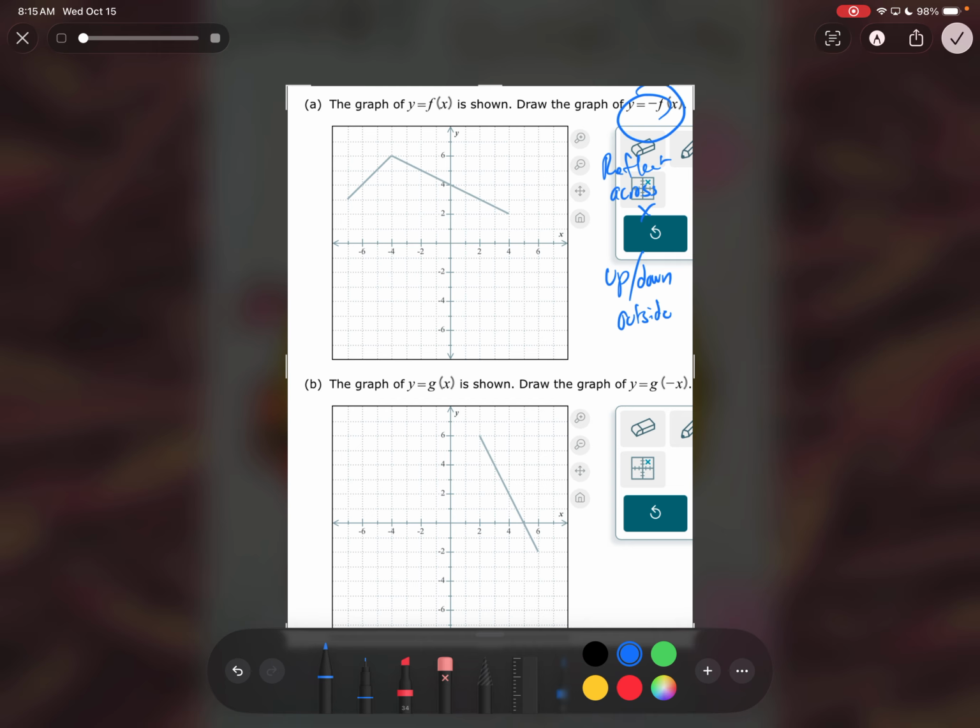Okay. So the way that I do it, and the reason I want to draw it, is that I look at this and I say, okay, this is 3 above the x-axis, so I go 3 below the x-axis. This one is 6 above, so I go 6 below. This one is 2 above, so I go 2 below.